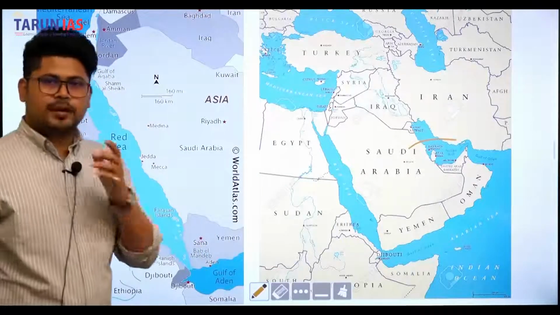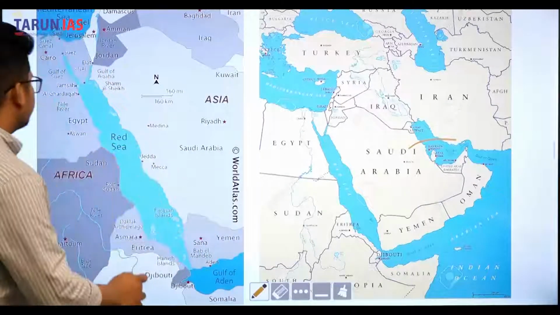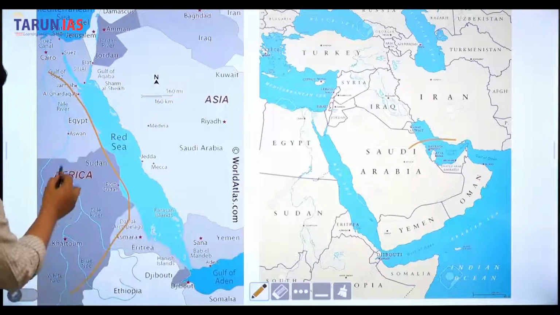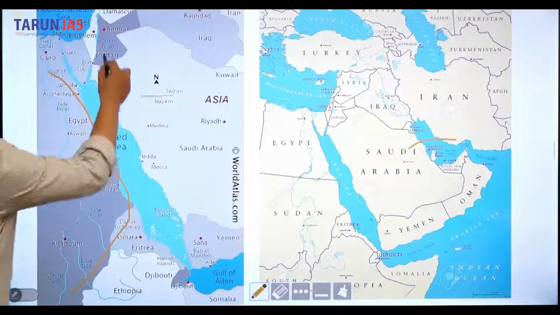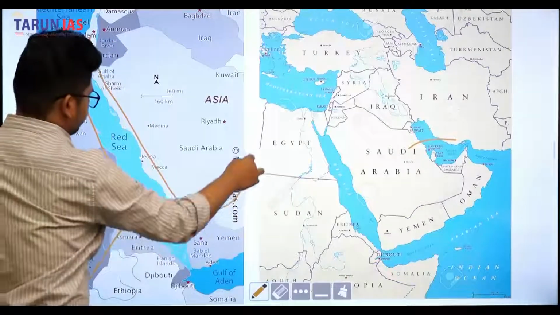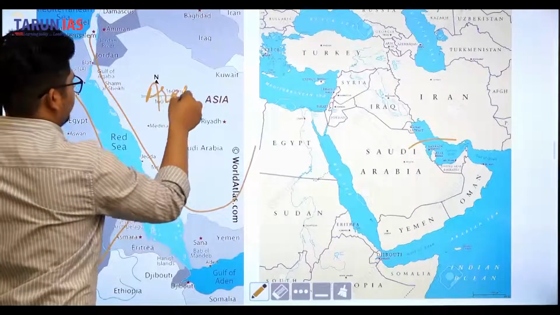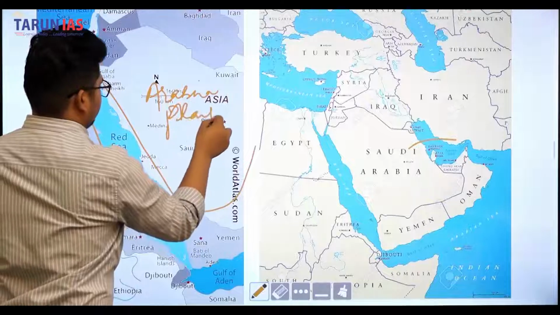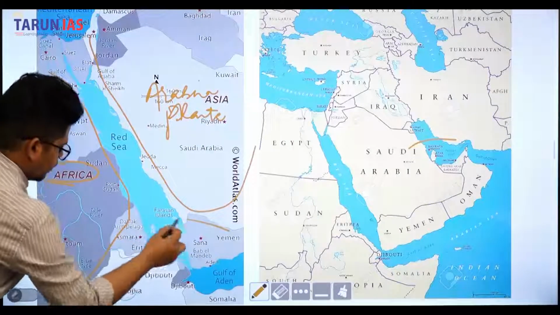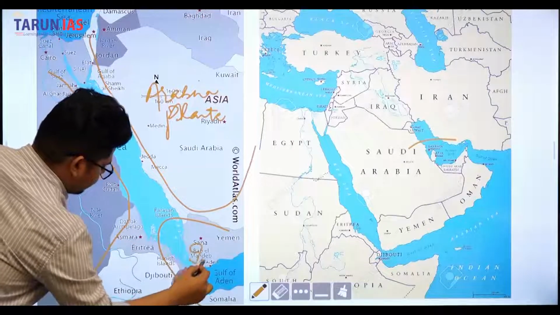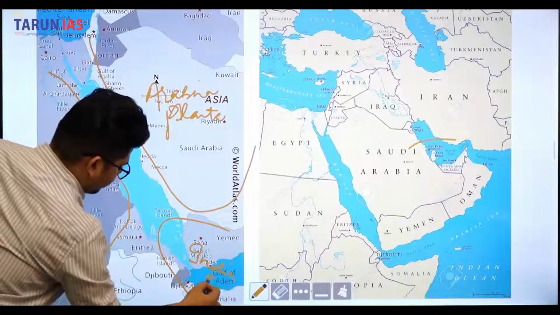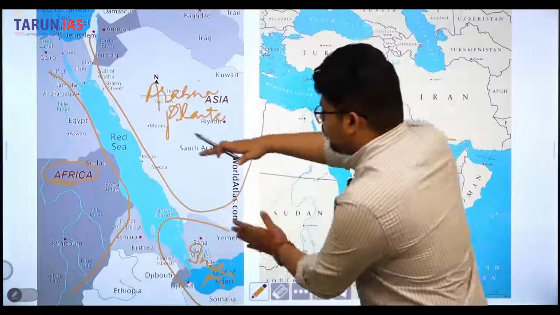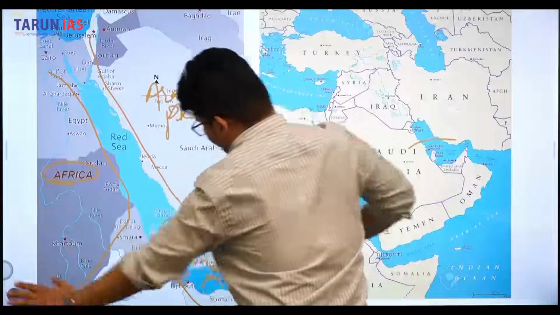It is a rift between two plates. This one is the African plate. This one is the Arabian plate. This is the Indian plate. Okay, Indian Ocean. These three are divergent plates. These are moving away from each other.